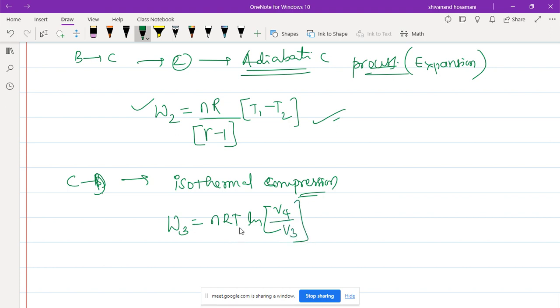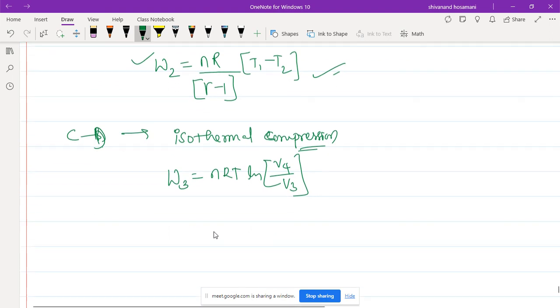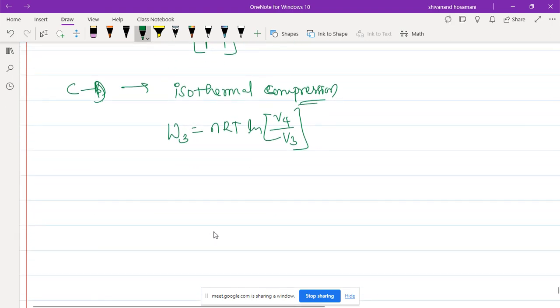It is always final volume divided by initial volume. That is isothermal compression, at constant temperature, which here is T2, so we write T2, correct.